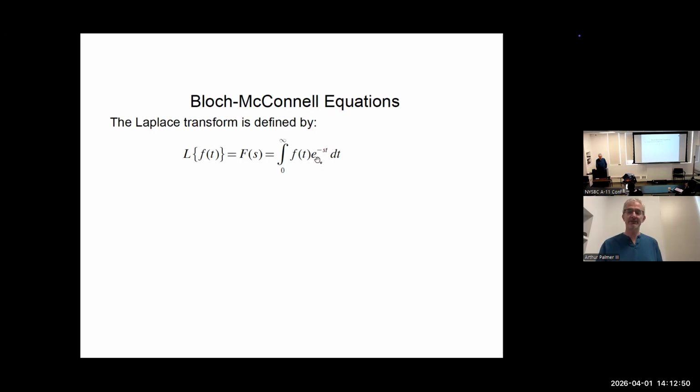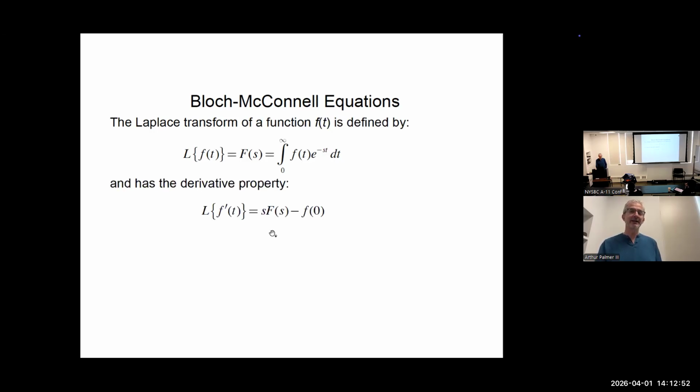Now it's just a decaying exponential. And it has a simple property for the derivative. The Laplace transform of the derivative is just the integration variable s times the Laplace transform of our function, minus the value of the function at time 0.